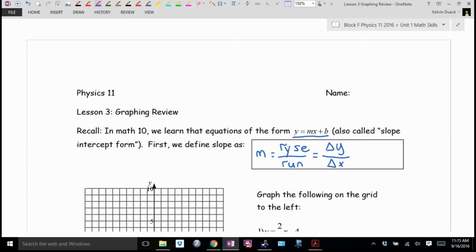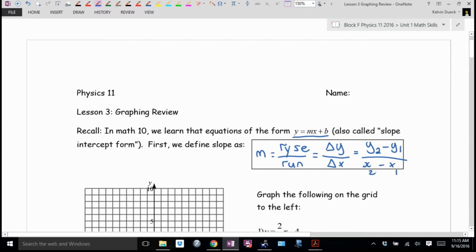It's an abbreviation for an English phrase. Change in, right? I've got to be fussy, two words: change in. So change in. You also are given this thing here, y2 minus y1 over x2 minus x1.